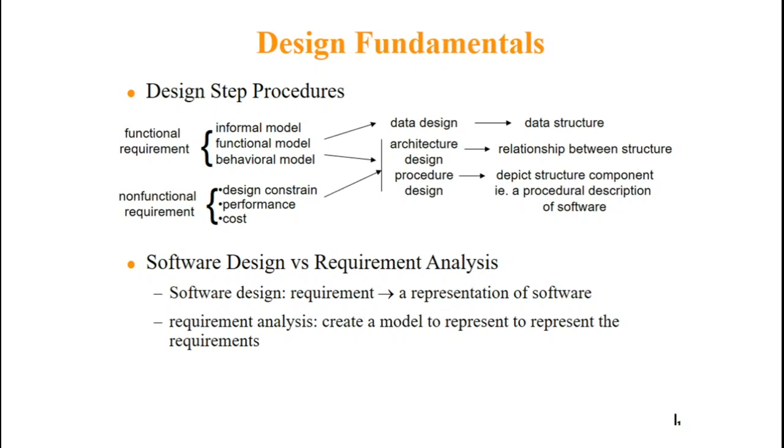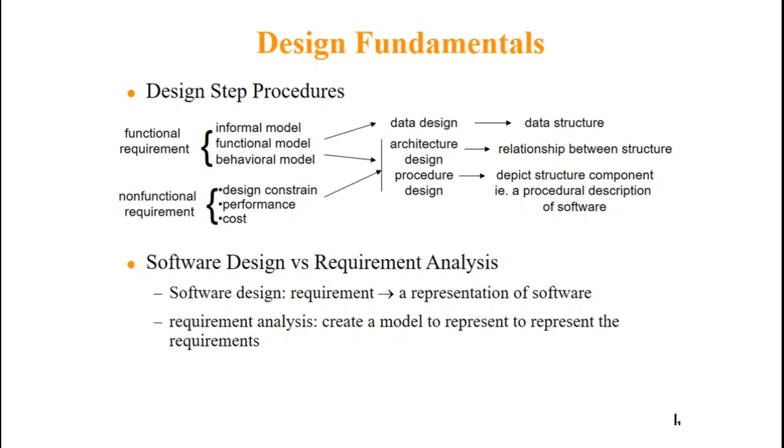So there may be a data design based on what kind of data the software would be storing or processing. There may be a procedural design, and there would be an architectural design. And this design is the basic blueprint which would be showing the connection among the different components of the software.